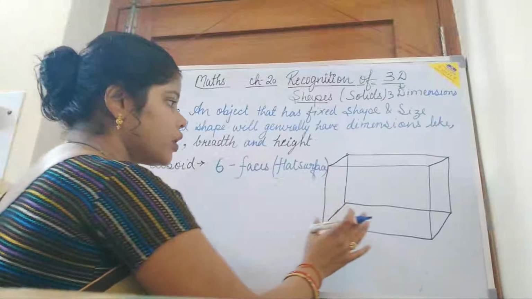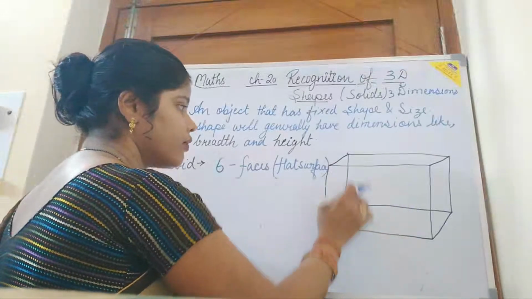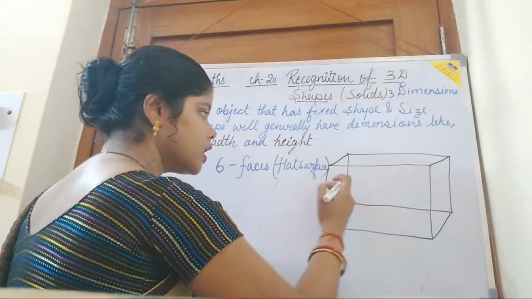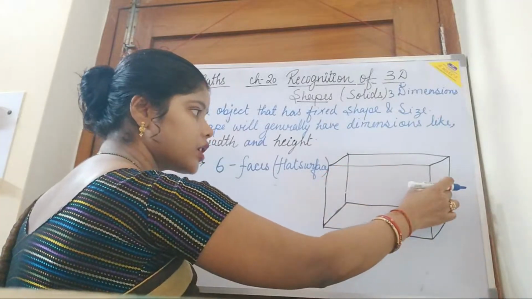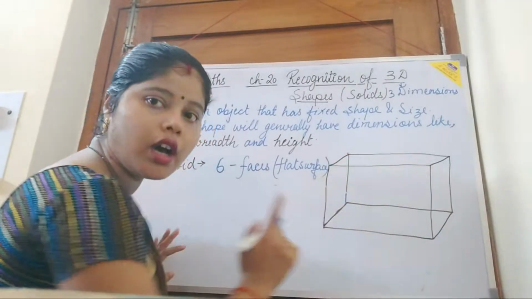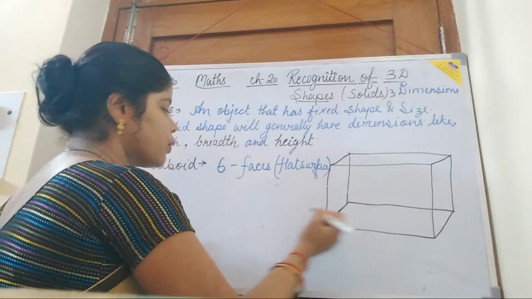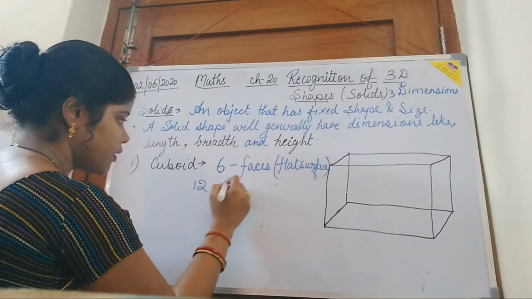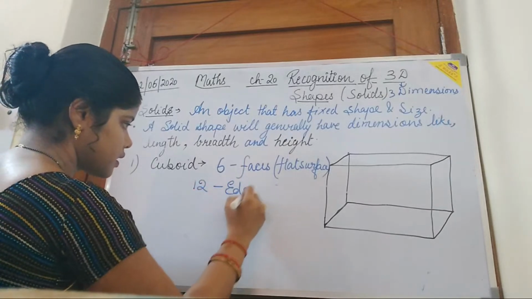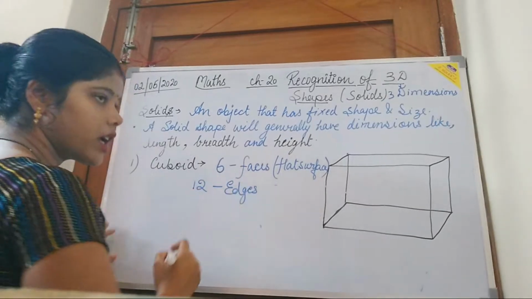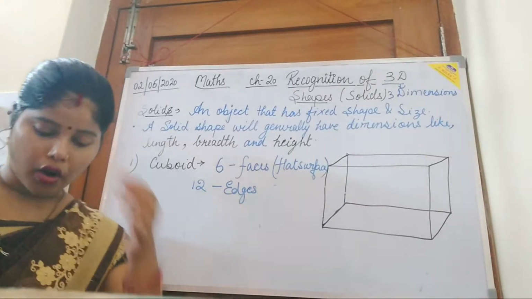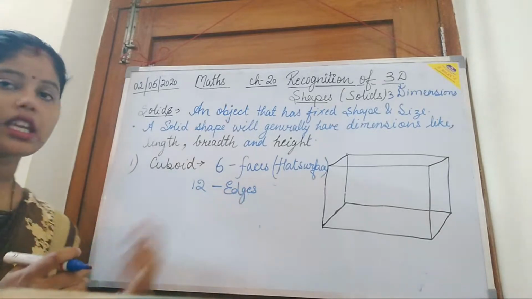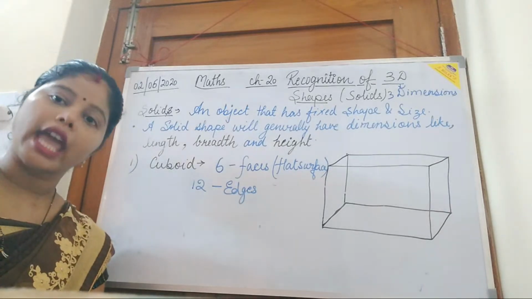If we talk about one rectangle, we have 4 edges, but when it is connected with another, these 2 edges are shared with the other face, so we count them as one. So how many edges does it have? 12 edges. Edges are where 2 line segments of rectangular faces connect with each other.